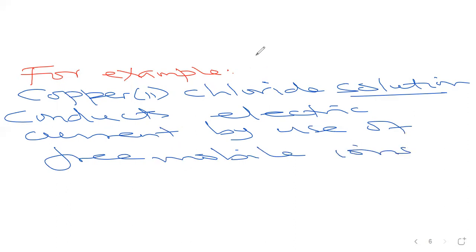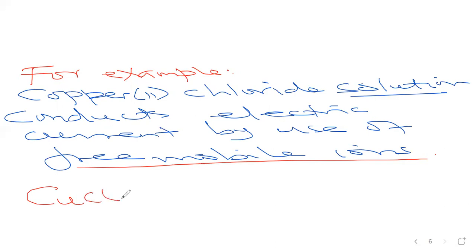So this brings me to another point that I want you to understand: electrolytes conduct electricity using free mobile ions. For example, copper 2 chloride in solution ionizes to give us a copper 2 ion. It's an ionic compound.